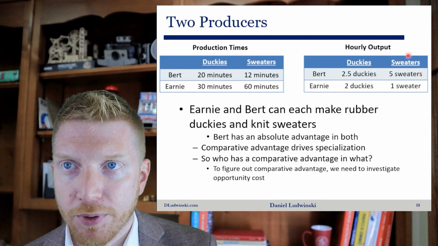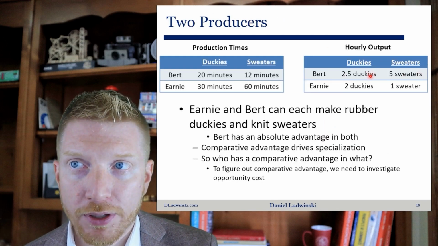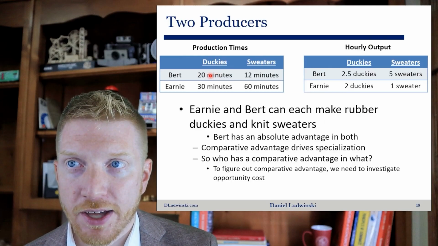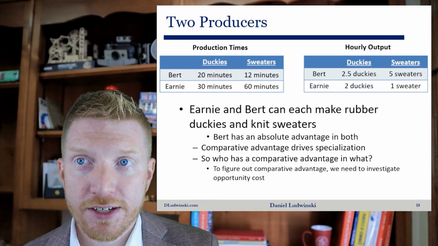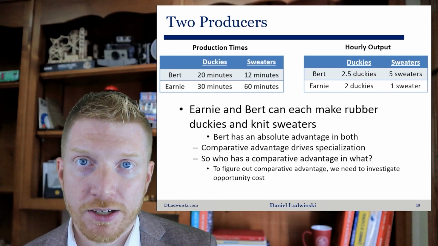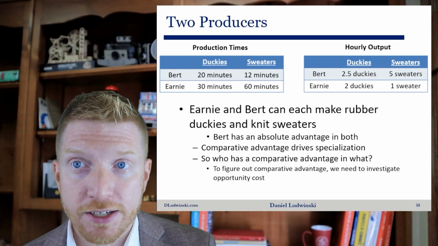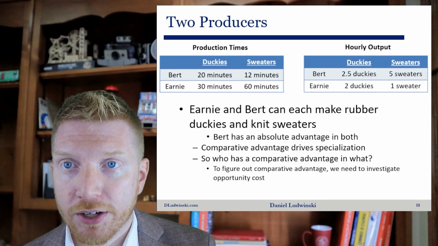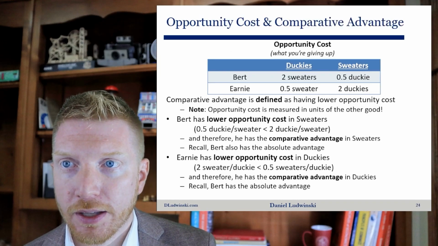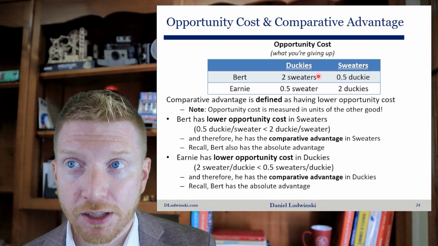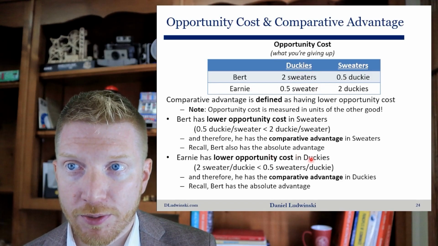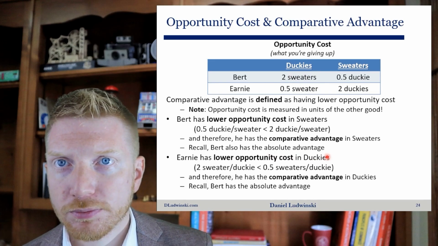We can see that both in terms of his hourly output and his production time, the fact that he is faster. Having absolute advantage does not mean that you'll have comparative advantage, because comparative advantage is about what production you are giving up. And as this chart shows, Ernie gives up less compared to Bert in terms of producing duckies.